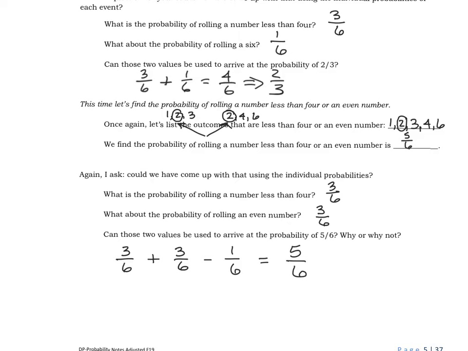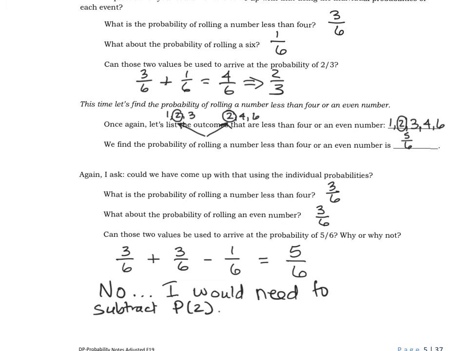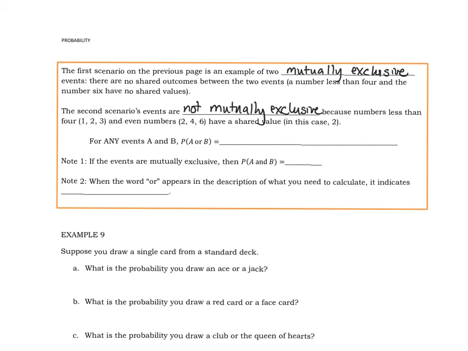So can those two values be used by themselves to arrive at 5/6? No. I would need to subtract the probability of rolling a 2, which we will talk about on the next page. We'll have that formalized. So let me pause.